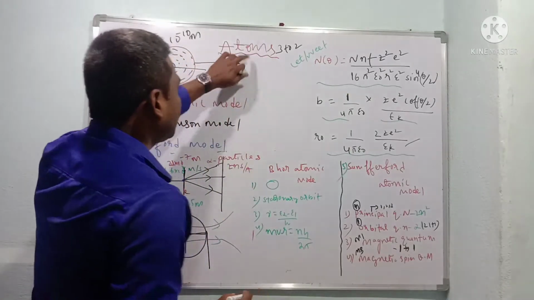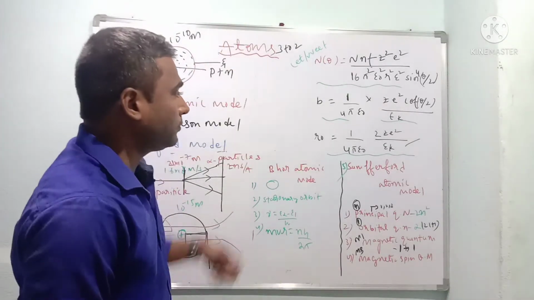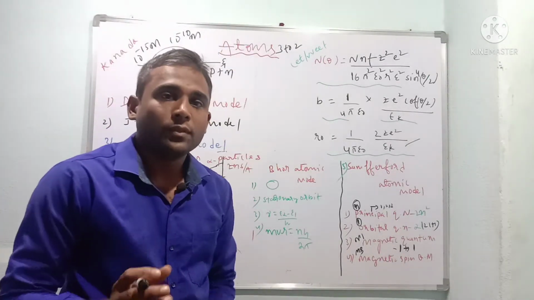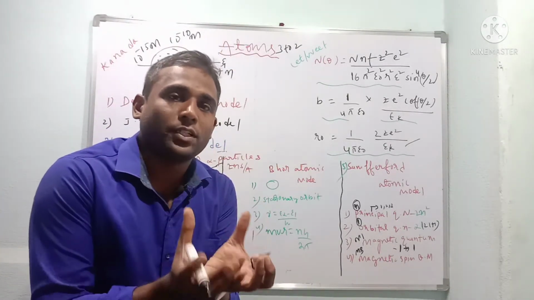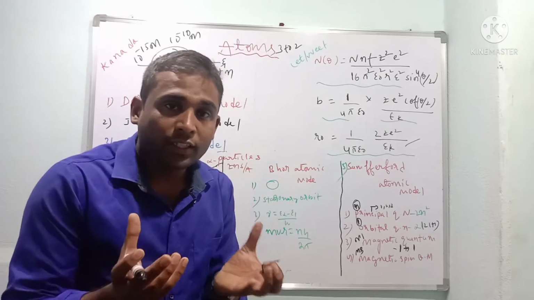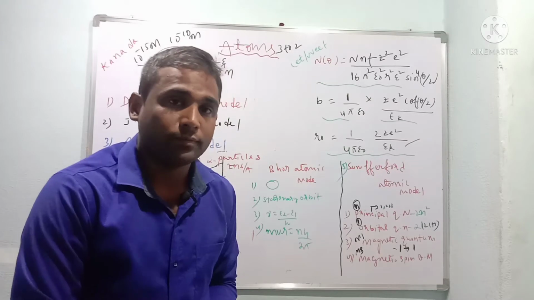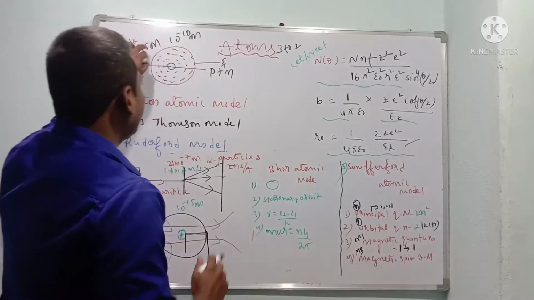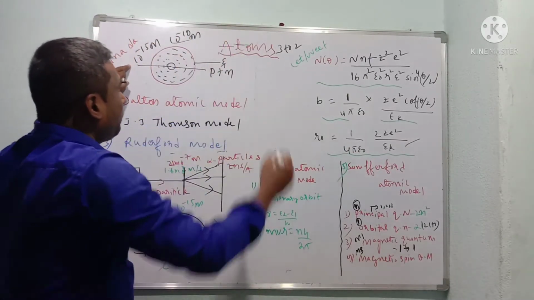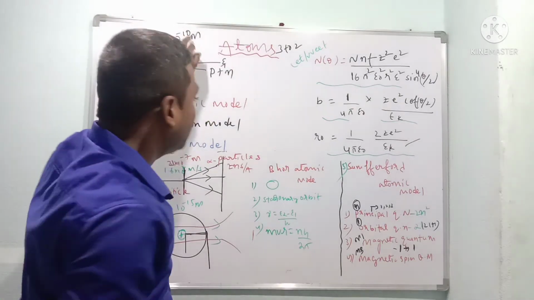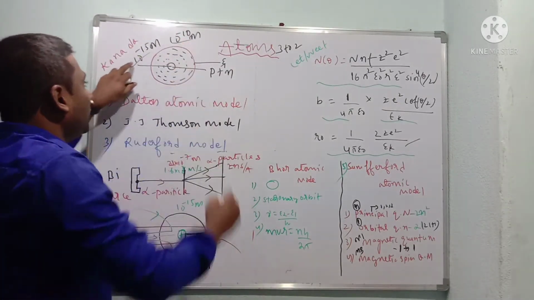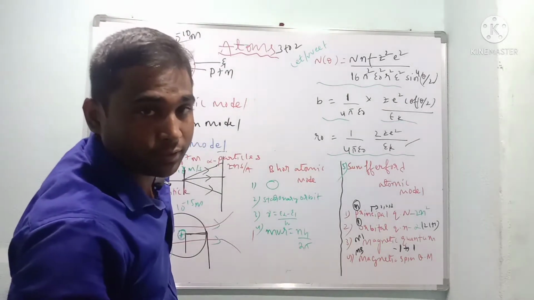Dear students, I take the atom. So what is an atom? It's the smallest particle of matter, and it is 10,000 times smaller than a bacterium. The size of the atom is about 10 to the power of minus 10 meter and the size of the nucleus is 10 to the power of minus 15 meter.